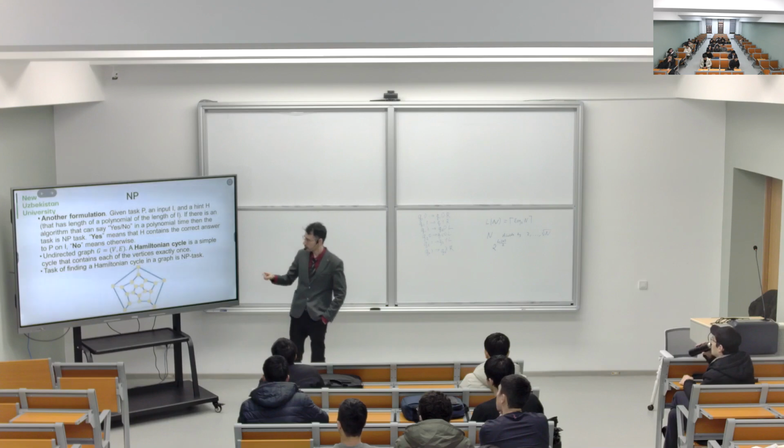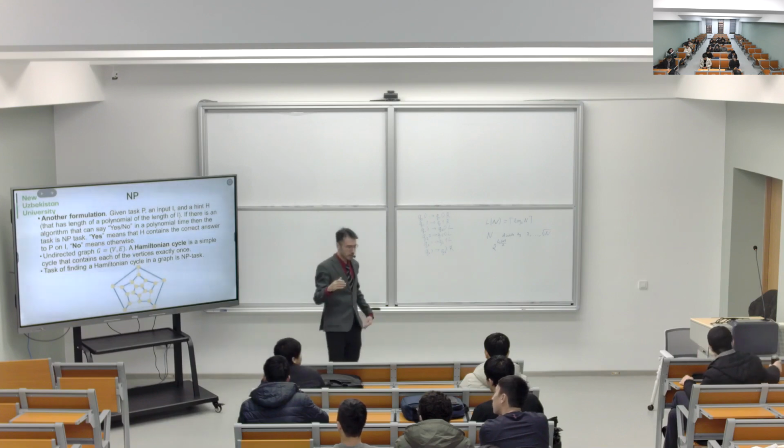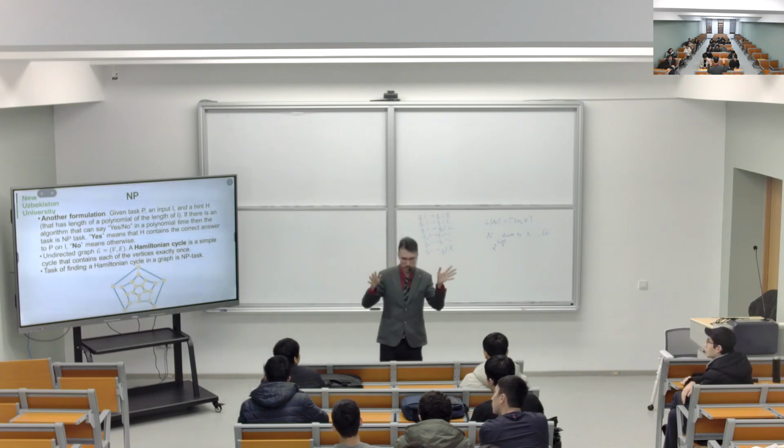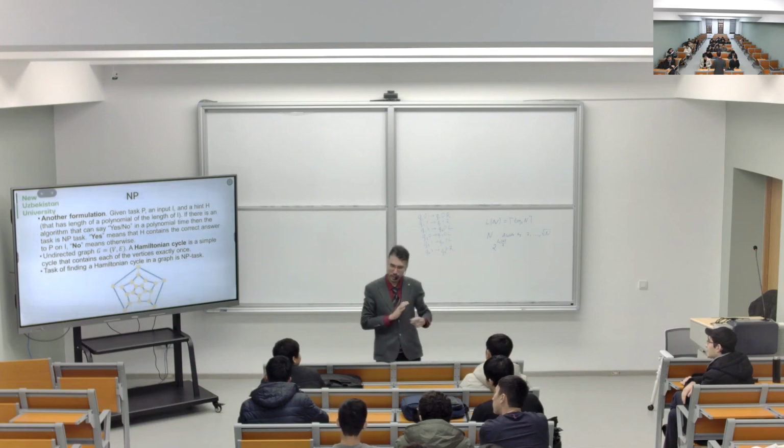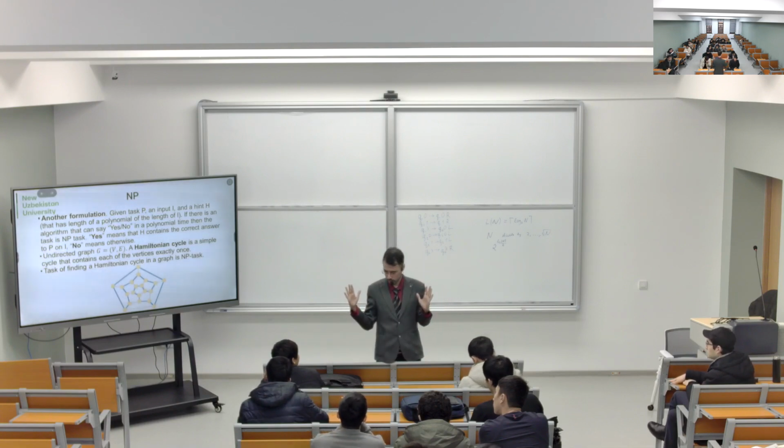Let's have one task, let's say P. We have some input I, and we are given some hint to this problem. And the length of the hint is polynomial of the length of the input. So it's not exponential of the input, it's polynomial of the input. And we have some hint.